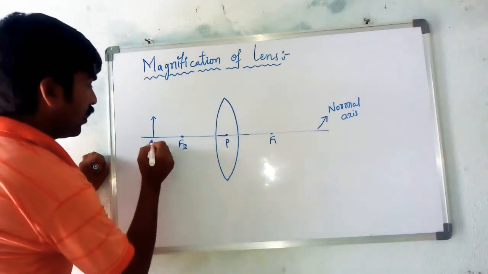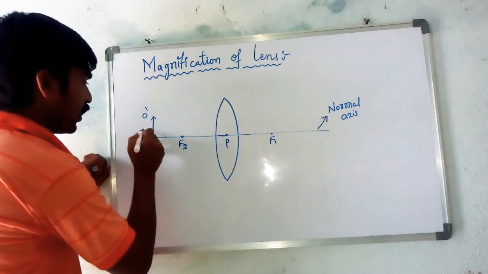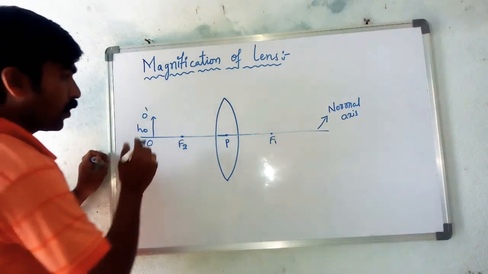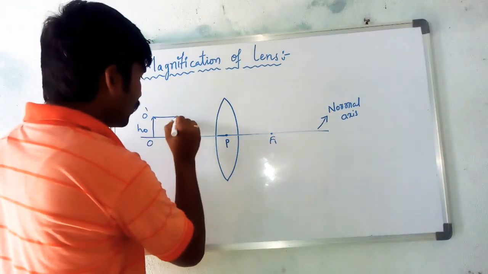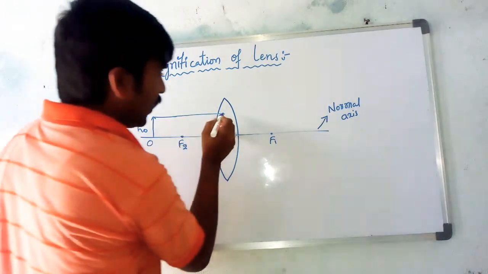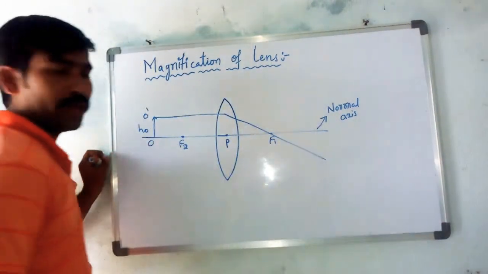The height of the object is OO dash, which indicates the object height HO. When rays travel parallel to the principal axis and strike the lens, they are refracted and pass through the focal point.